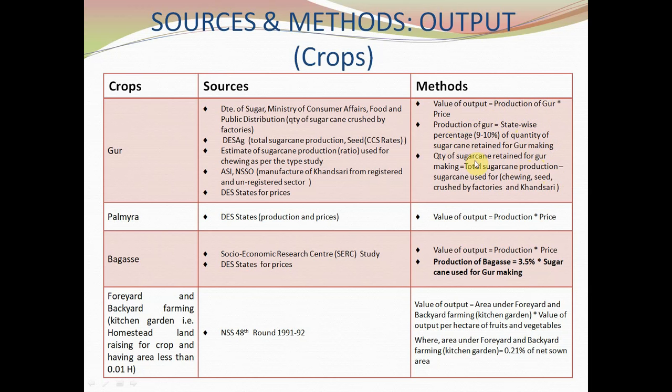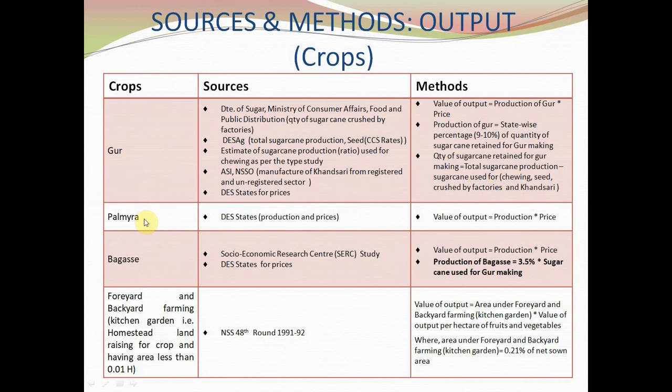And what is the quantity of sugarcane retained for gur making? It is total sugarcane production minus sugarcane used for chewing, seed, crushed by factories for sugar production, and Khandsari.